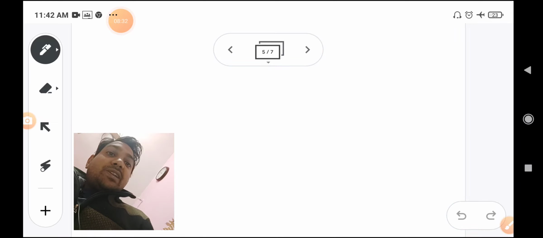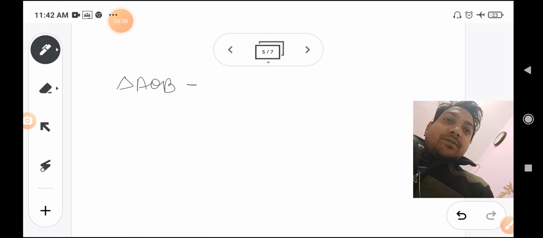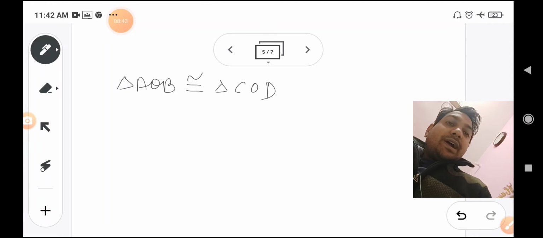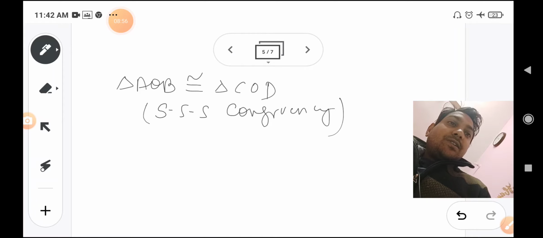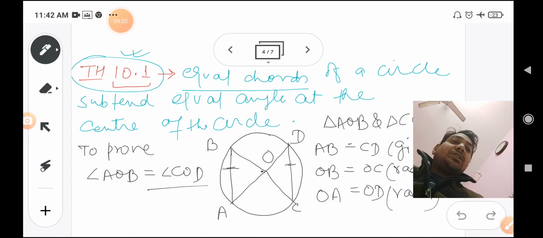So here we can write triangle AOB must be congruent to triangle COD, and the congruency theorem will be, what is the congruency theorem? Side angle side congruency, right? So if two triangles are congruent, then what inference do we take from these two?